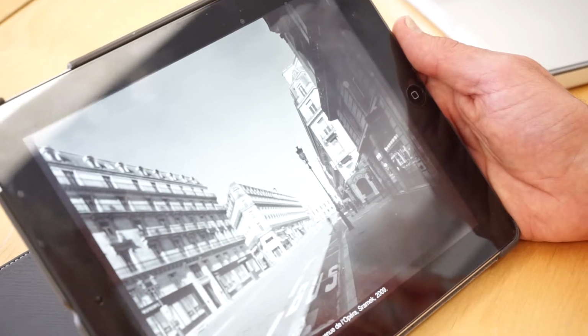So it's a rephotographic project where I'm rephotographing locations and comparing how things have changed. It relates primarily to major urban changes in the mid-19th century in Paris under the Haussmann project, because that's where the historical photographs come from.